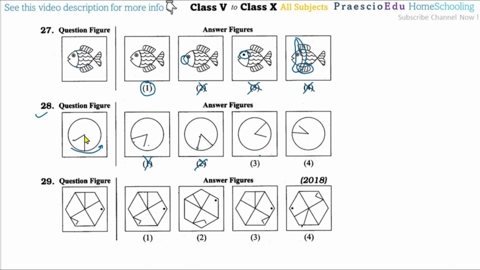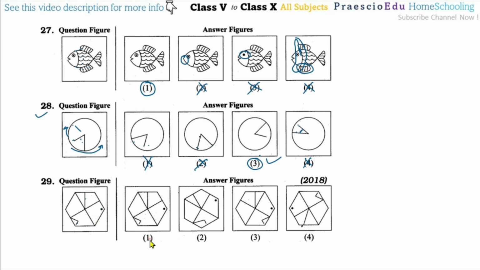But if you rotate this one in this direction, up to this small hand here, this angle is smaller than this one. As per the observation, option number 4 is incorrect, but option number 3 is perfectly similar.